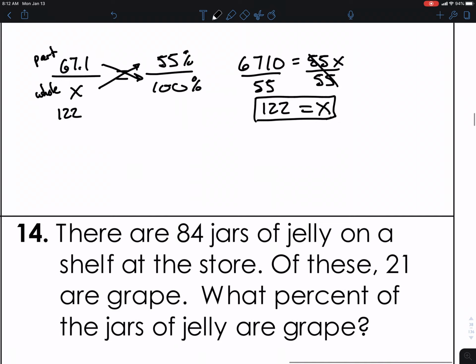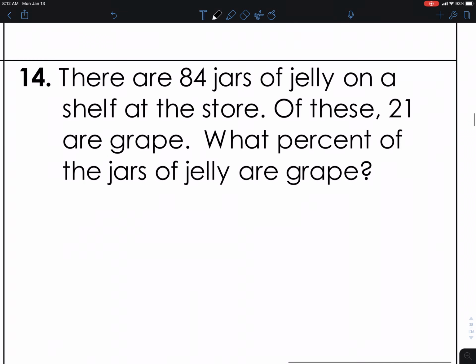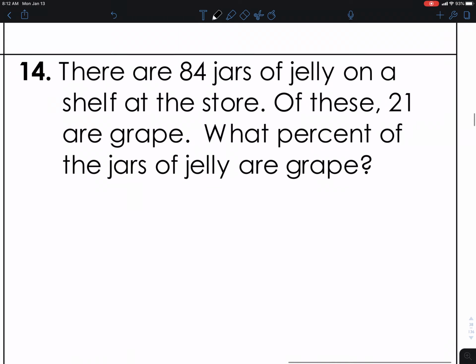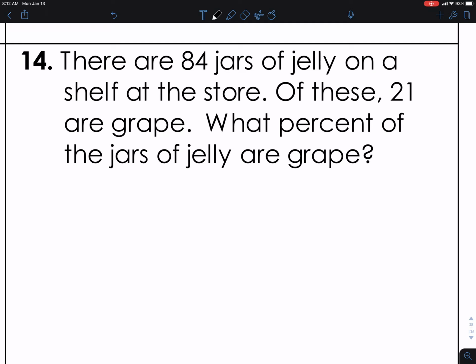We've got a word problem coming up. So, if we read through it, there are 84 jars of jelly on a shelf at the store. Of these, they're talking about of the 84, 21 are grape. What percentage of the jars of jelly are grape? Well, let's set it up.